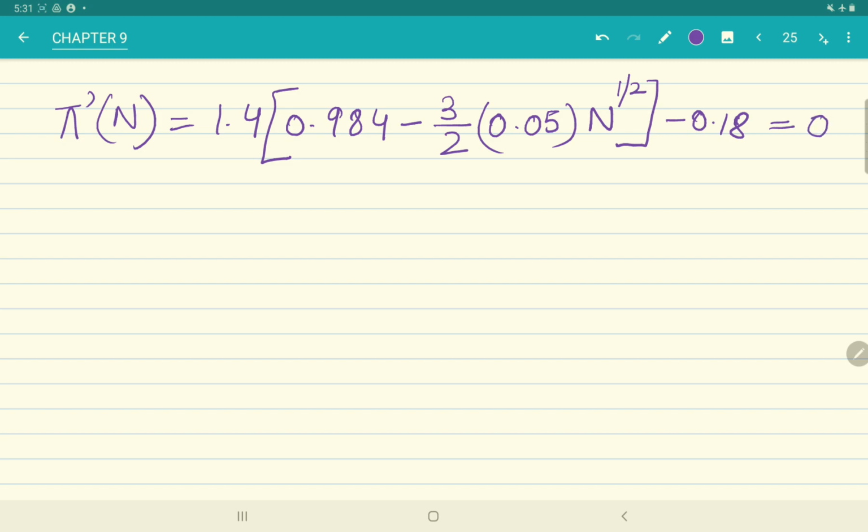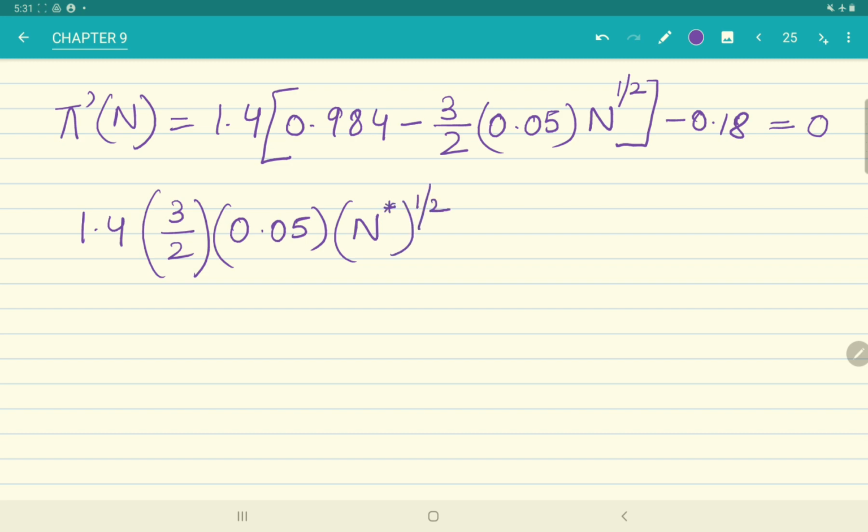When this is equated to 0, I have 1.4 multiplied by 3 by 2 multiplied by 0.05, then n raised to the power half, and this should be equal to 1.4 times 0.984 minus 0.18.